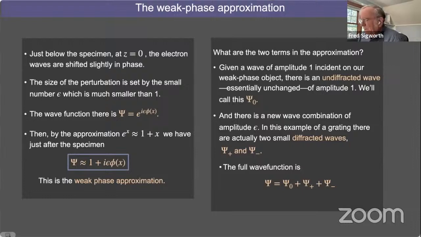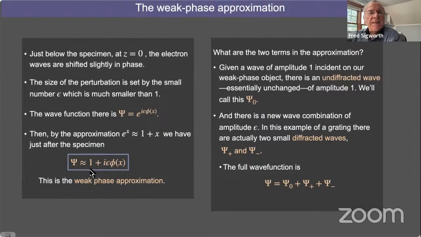Now, we make a very important approximation, which is called the weak phase approximation. The perturbation is set by this number epsilon, which is really small. And then we make use of the approximation that I just talked about: e to the x is about equal to 1 plus x.